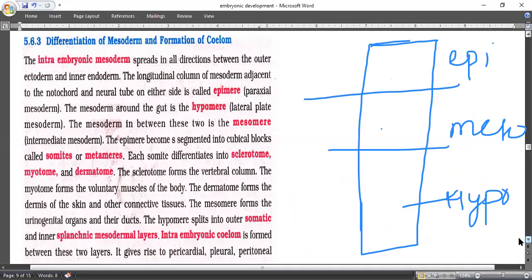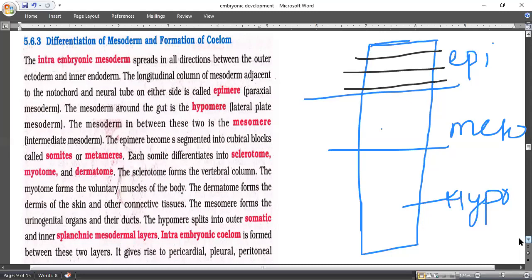The epimere becomes segmented into cubical blocks called somites or metameres.